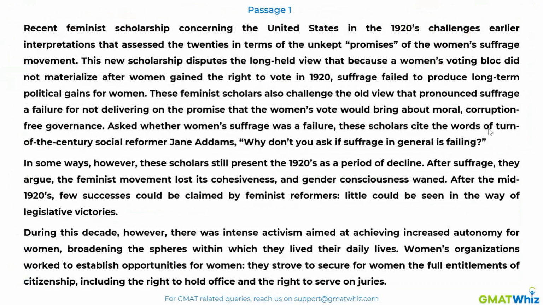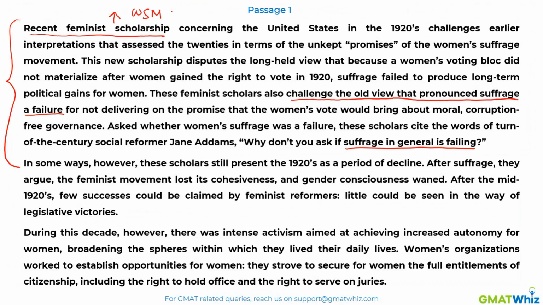Now here in this paragraph, we are talking about recent feminist scholarship challenging the old view that found suffrage a failure, and most of it is talking about suffrage as a failure. So recent feminist scholarship believes the women's suffrage movement was not the failure believed by the old view.